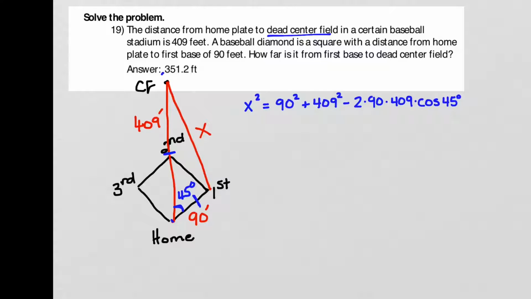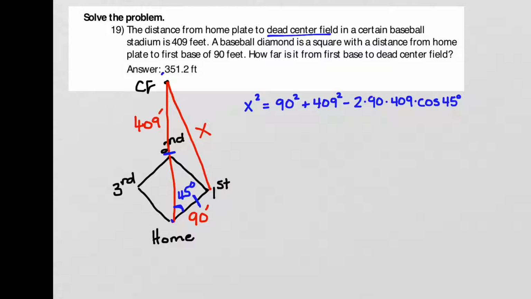I'm going to use the law of cosines to solve this because we have side, angle, side, and that's a law of cosines type problem. So x squared is equal to 90 squared plus 409 squared minus 2 times 90 times 409 times the cosine of the angle that's opposite side x, which is our 45-degree angle.